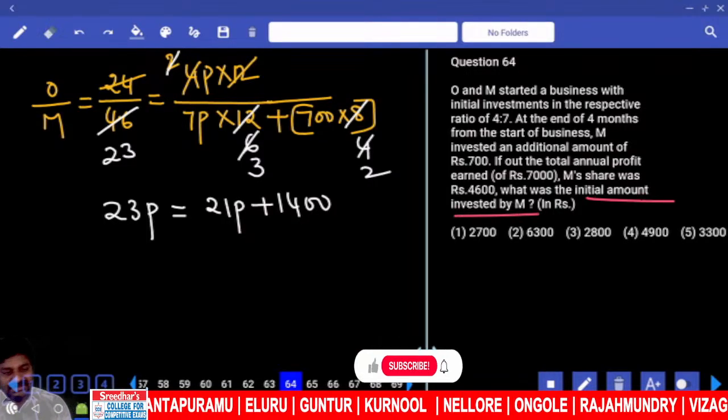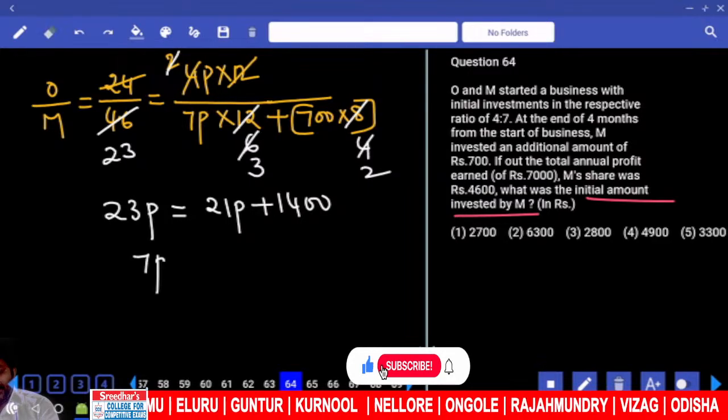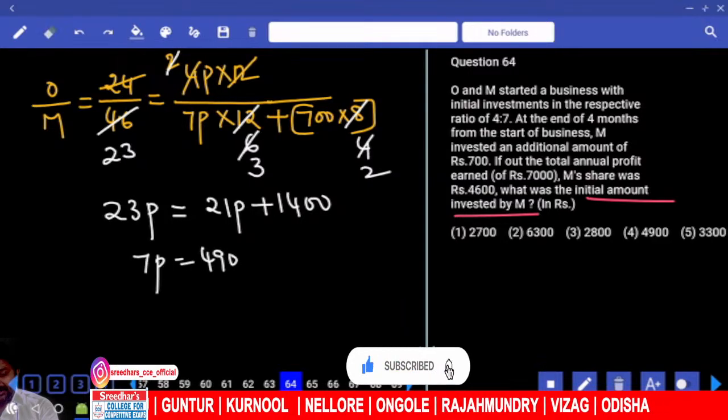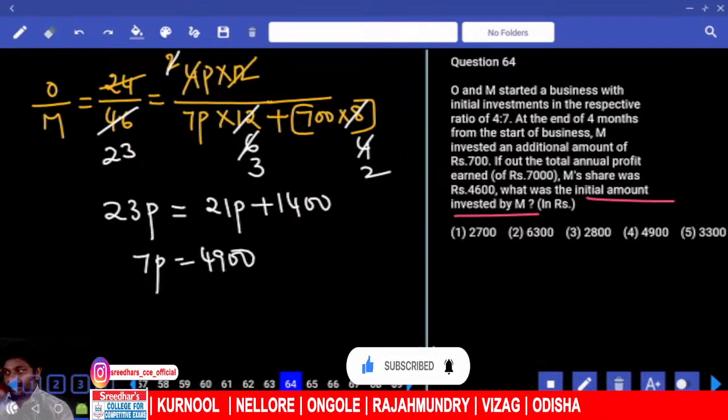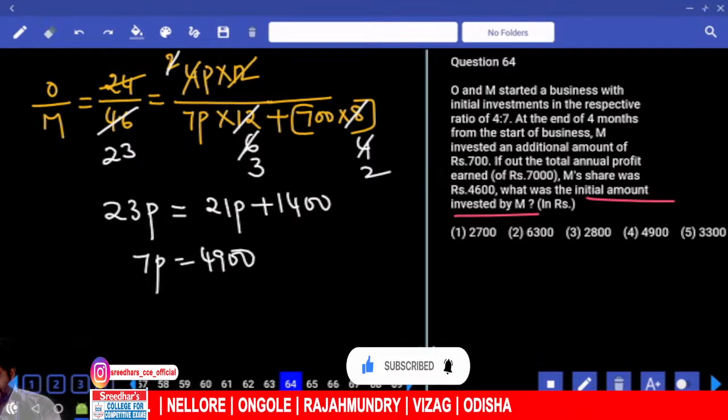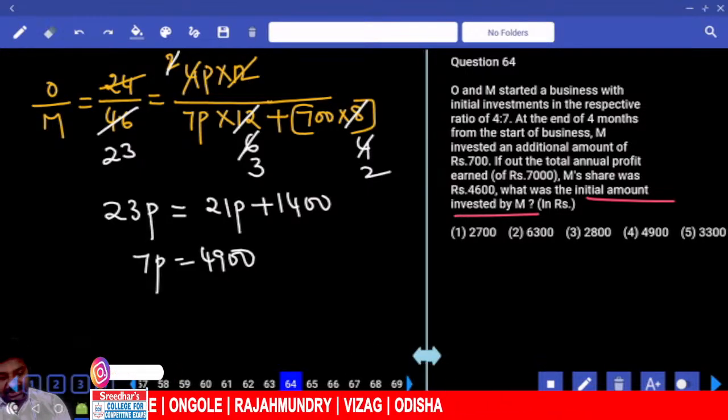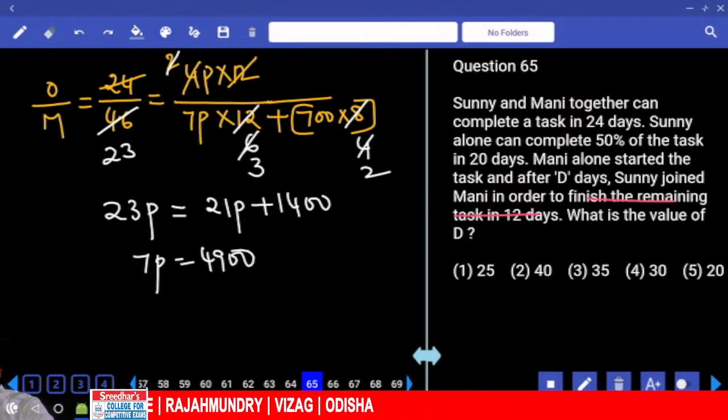Initial amount invested by M, 7 parts, 4900. M invested 7 parts. We got 1 part is equal to 700. 700 7 times. Got it?